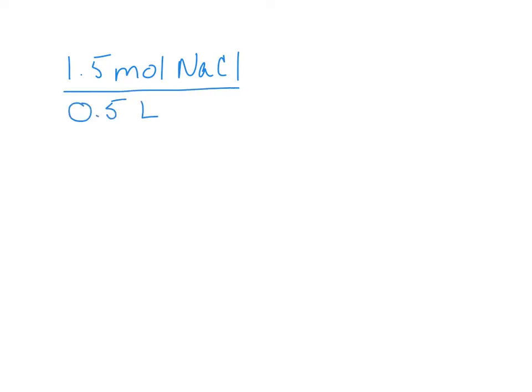Okay, so hopefully in the Ed puzzle, when you had that 1.5 moles of sodium chloride, and it was in 0.5 liters, you divided that, and that gave you the 3.0 molar solution of NaCl.